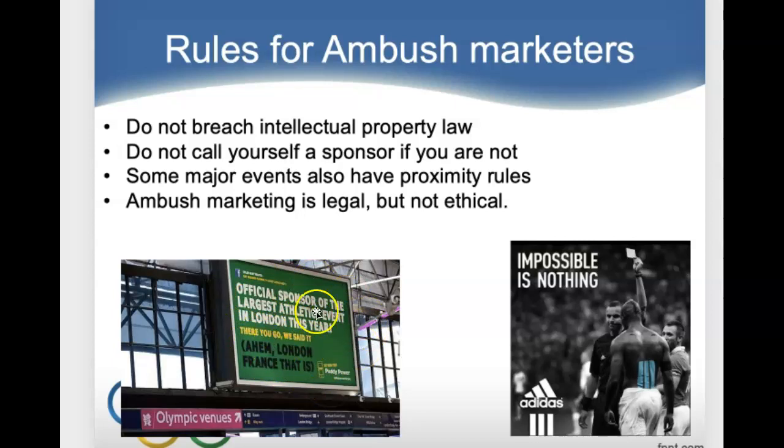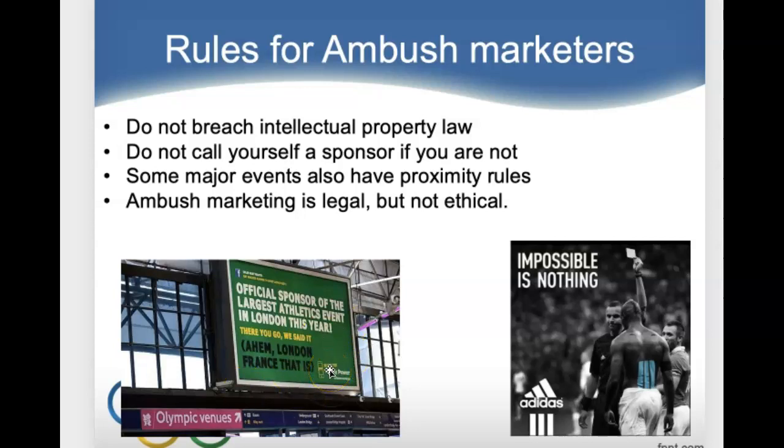The entire marketing campaign did not really mention London 2012, because this advertising campaign just happened to be at the Olympic venue, one stop called Olympic Venues, and also just happened during the Olympic Games. So everyone knows what the largest athletic event in London is going to be, right?